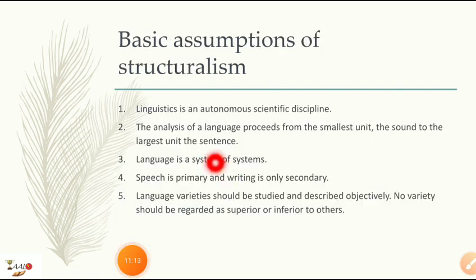And along these lines, they also stated that language varieties should be studied and described objectively. No variety should be regarded as superior or inferior to others. You need to study and describe language varieties objectively, without any bias.